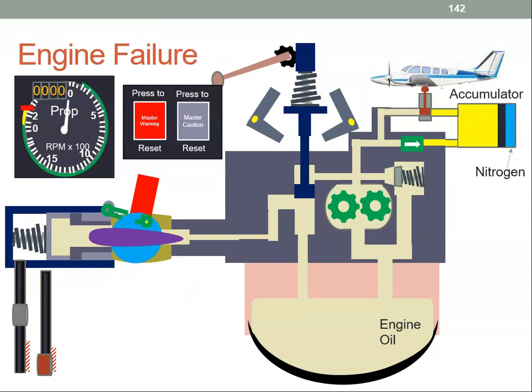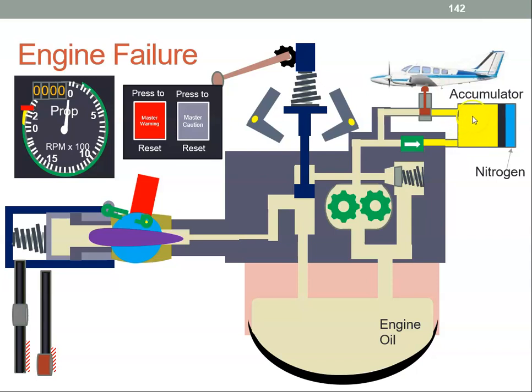So how can we do that? Well, if we can't start the engine, then we can't get the oil pressure up to move the cylinder to a fine position. So on the aircraft there may be an accumulator, and in the accumulator there is some oil.